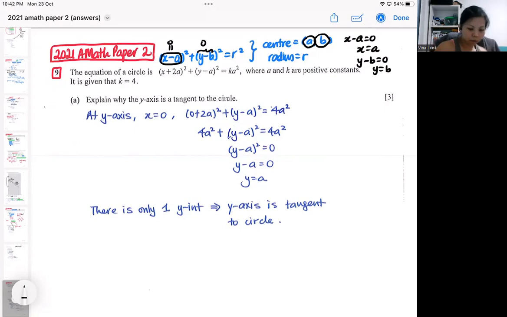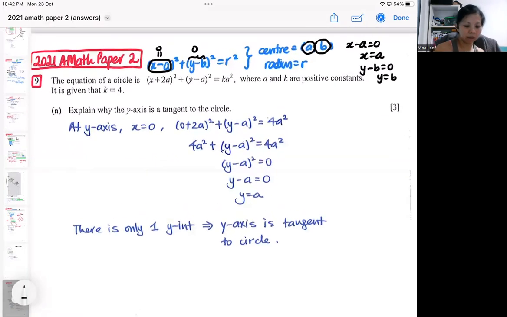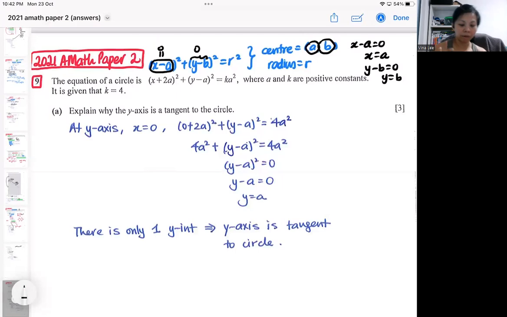So even though this question doesn't ask for the center and radius yet, you have to come with the awareness. If you do need the center and radius, what do you do? You think about x plus 2a equal to 0, x equal to minus 2a. And then you think about y minus a equal to 0, you will get y equal to a.